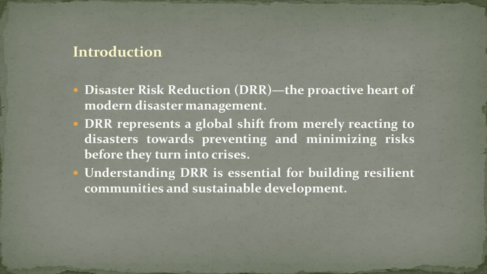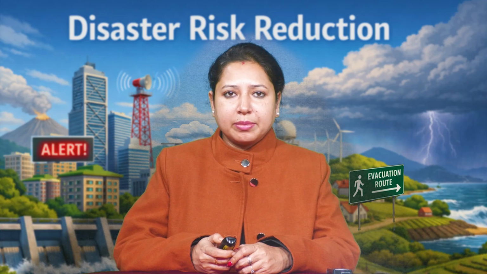Disaster risk reduction represents a global shift from merely reacting to disasters towards preventing and minimizing risk before they turn into crisis. As disasters intensify due to climate change, urbanization, and other factors, understanding disaster risk reduction, that is DRR, is essential for building resilient communities and sustainable development.